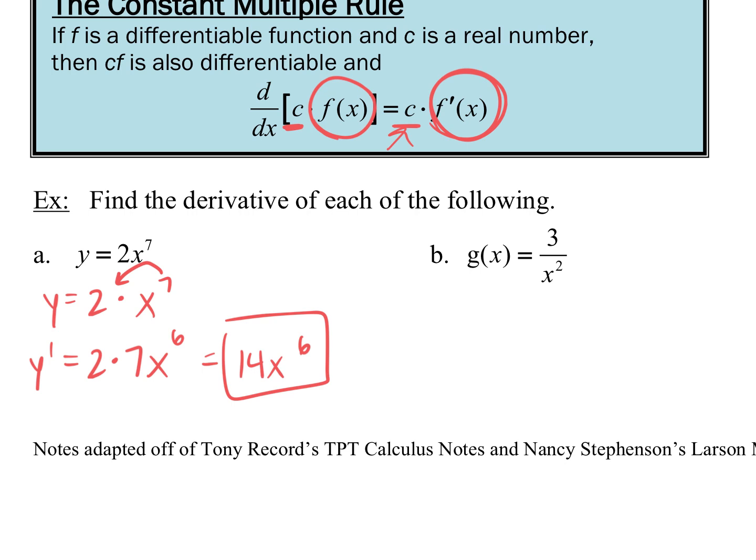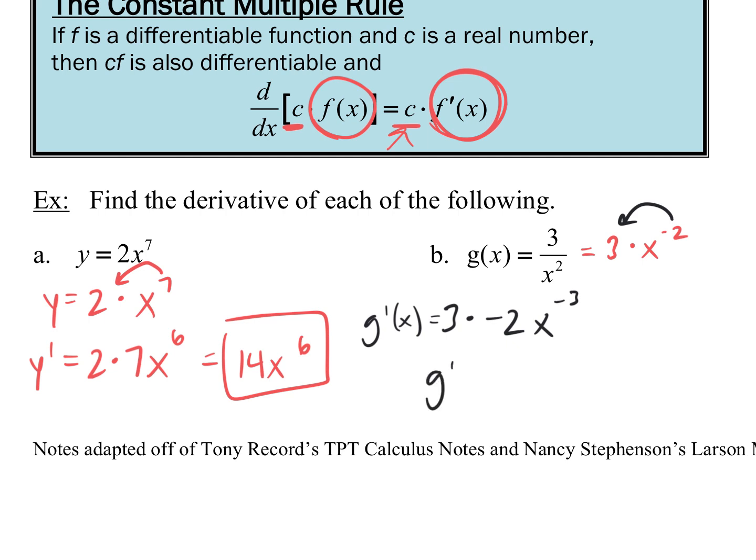Let's rewrite letter B here. This is the same thing as 3 times x to what power? Negative 2. So I'm going to bring that negative 2 down in front. So this becomes 3 times negative 2 for my derivative. And this is x to what power? Negative 2 minus 1. Negative 3. Okay.